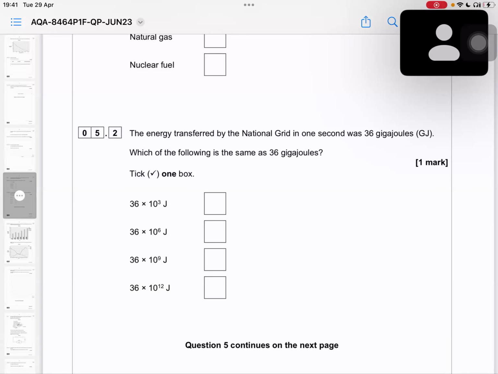Times 10 raised to power 3 should be kilo. So it should be one of these other ones. I'm not too sure now. Maybe we should just go with the marking scheme. What does it say? Which one is the correct one? The last one. It says the second to last one, not the third one. The last one, right?